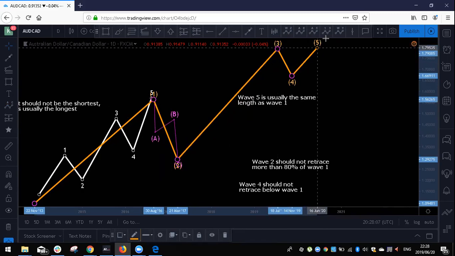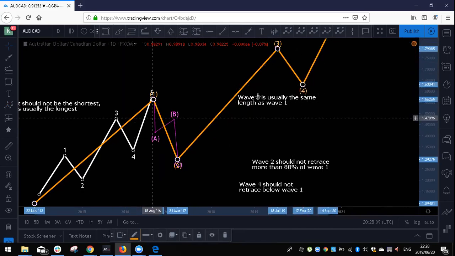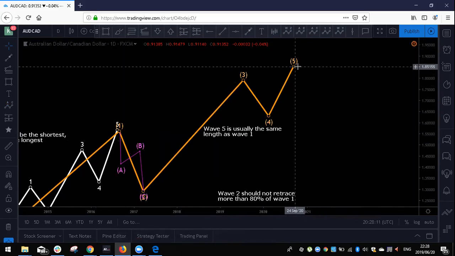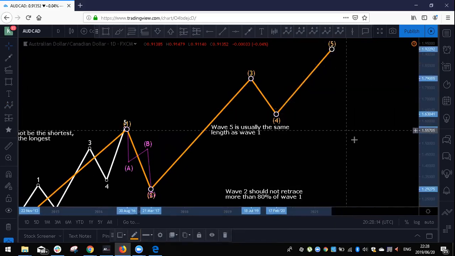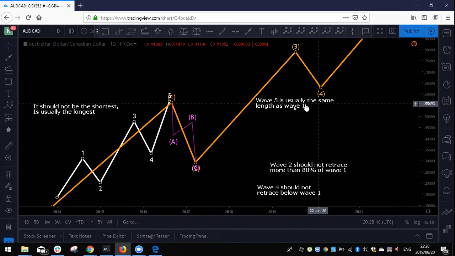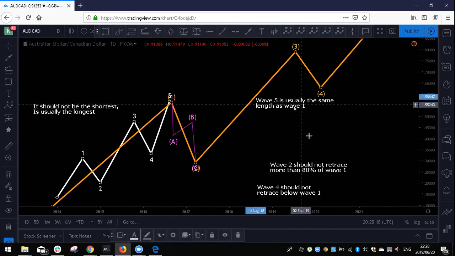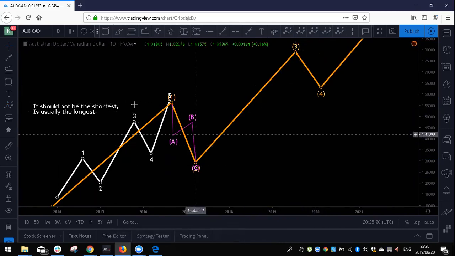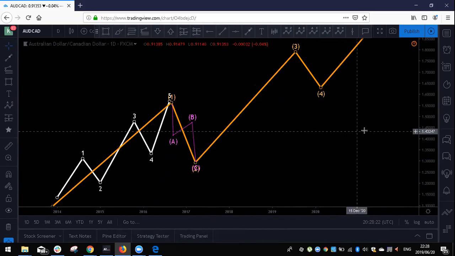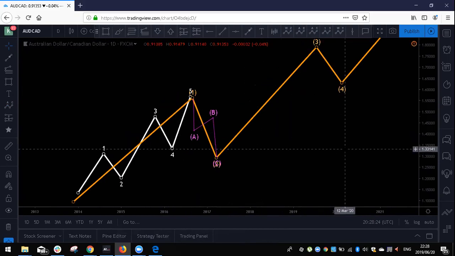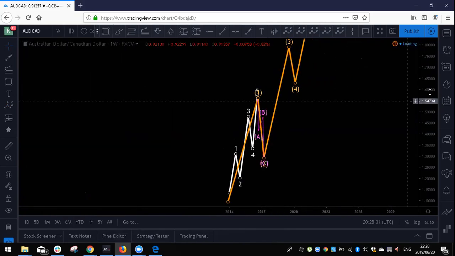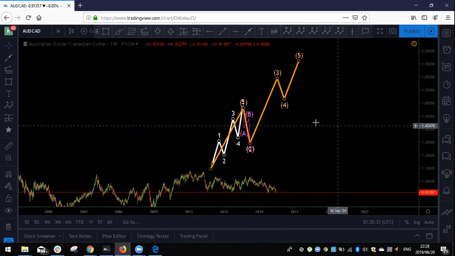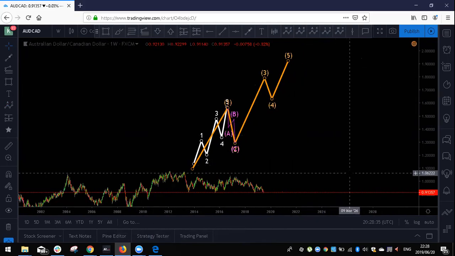Then wave 4 is a corrective wave, so it can take any corrective structure. Then wave 5 is going to have 5 waves. And you said wave 5 is normally the length of wave 1. Of wave 1, yeah. It can extend, but it's usually the length. So this is what you get.